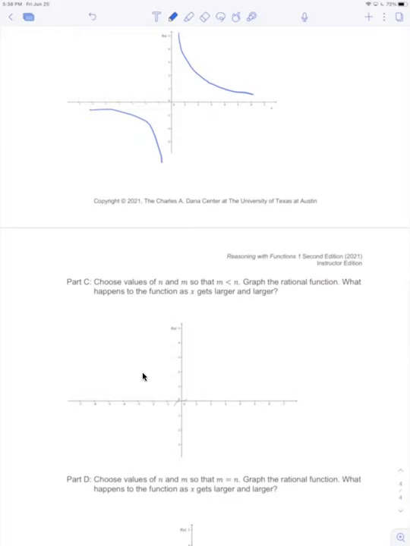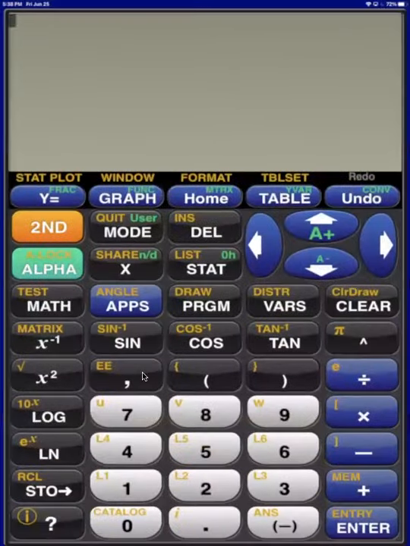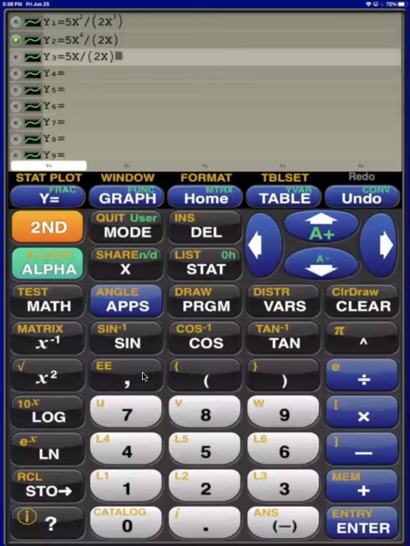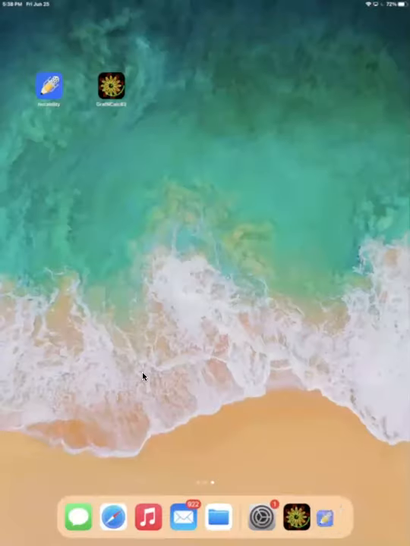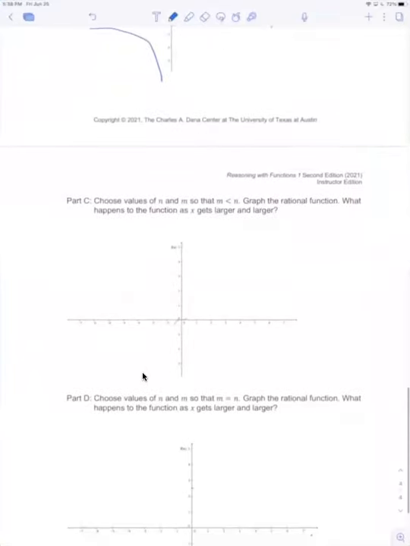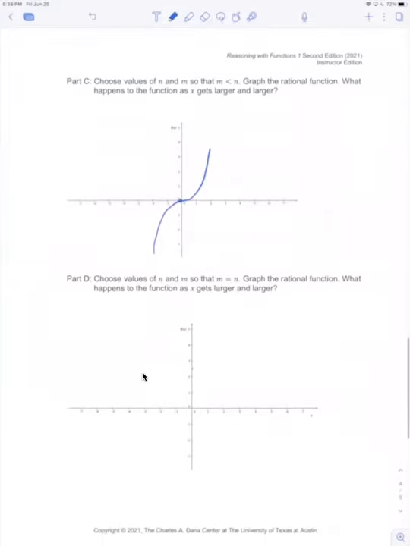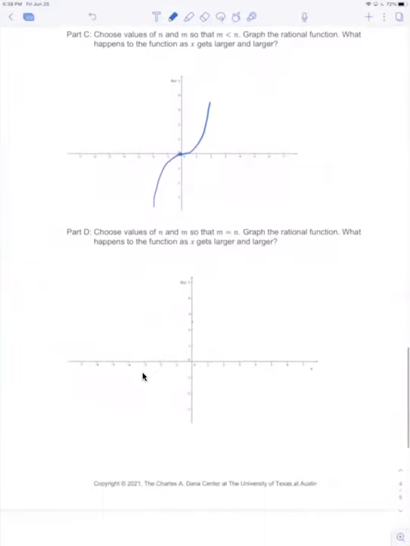Okay, so I have an example of this graph already here. Let me go ahead and turn off the first graph, and the second one is on. This time we have a graph that looks like this. So let's go back here. There we go, like that. And part D, it says choose values of m and n so that m equals n, and graph the rational function.